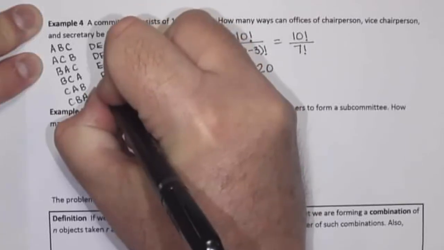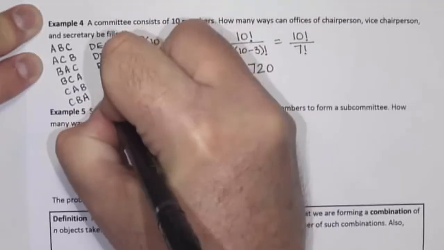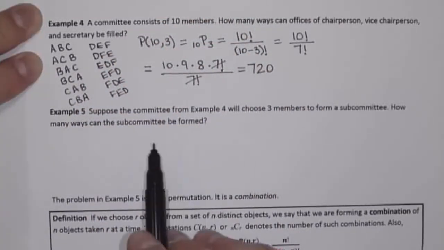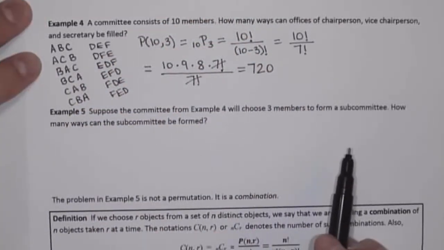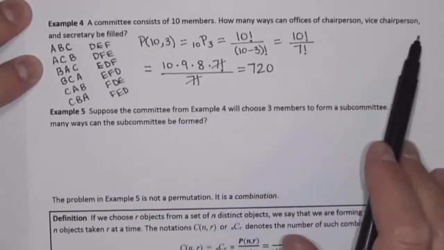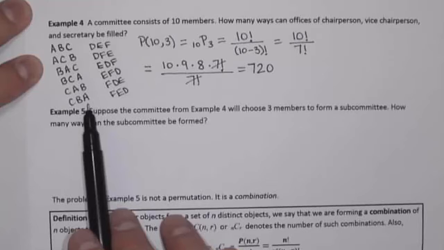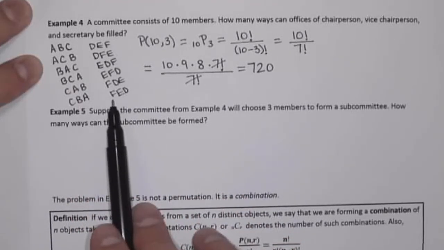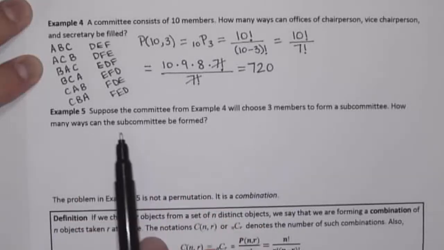And if I have F, D, E and F, E, D, those are different outcomes in example 4, but they're the same outcome in example 5. So regardless of which 3 individuals end up with an office, in example 4 there's going to be 6 different outcomes that in example 5 would be the same result.